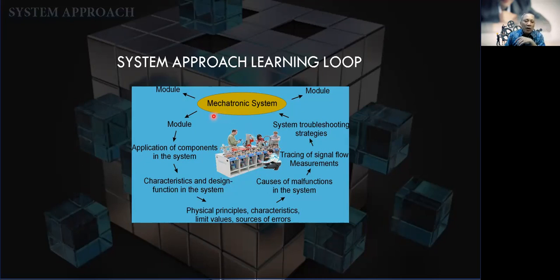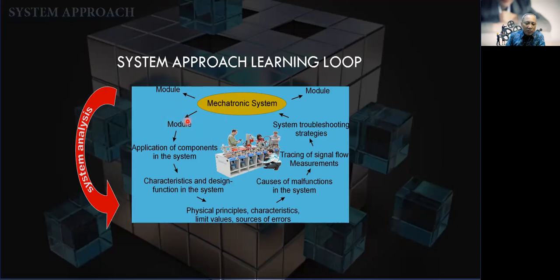We are looking at the big system, and then we split it into modules that work interconnected with one another, and then each module, we go down. So we go from the top, from the system analysis. For each module, we know what it is doing.